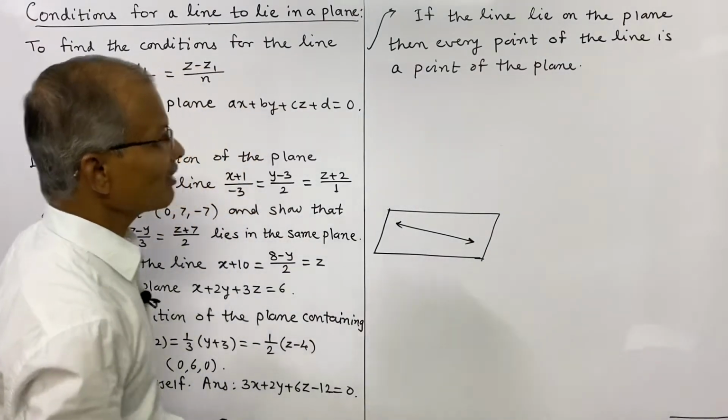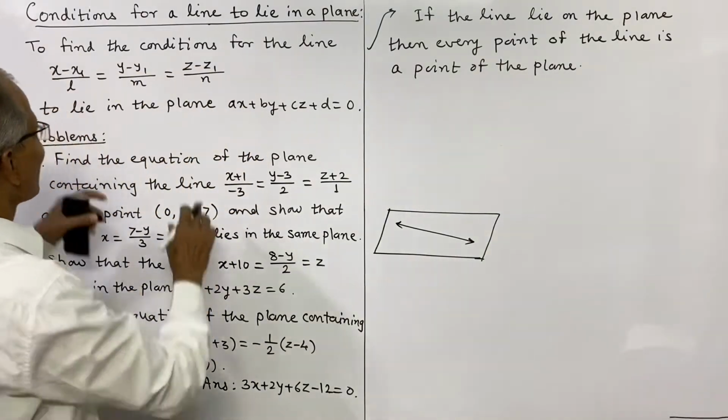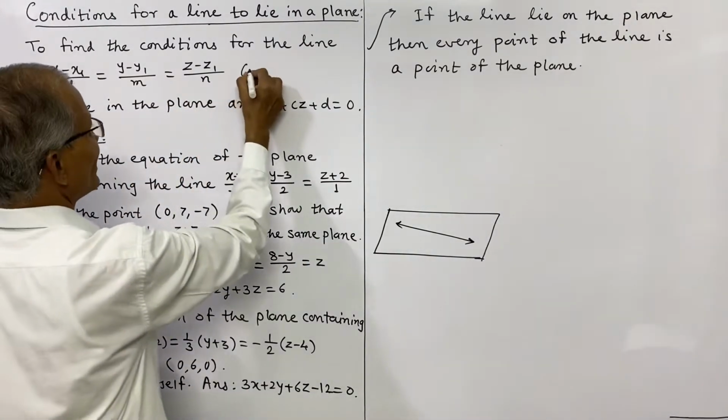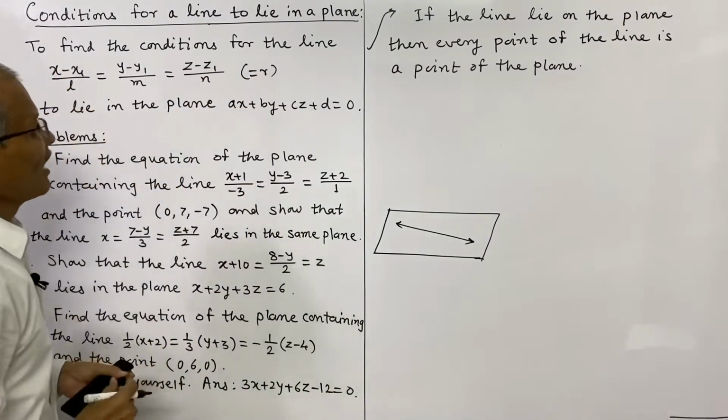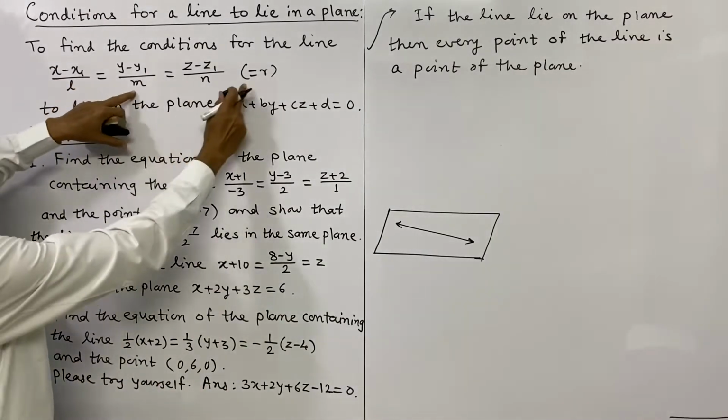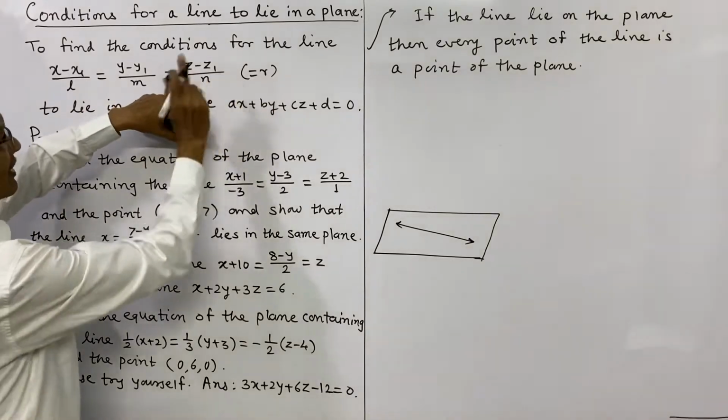Now, what is a point of the line? From this equation we know the general point of the line can be obtained by equating this to r, and thus the point will be lr plus x1, mr plus y1 and nr plus z1.